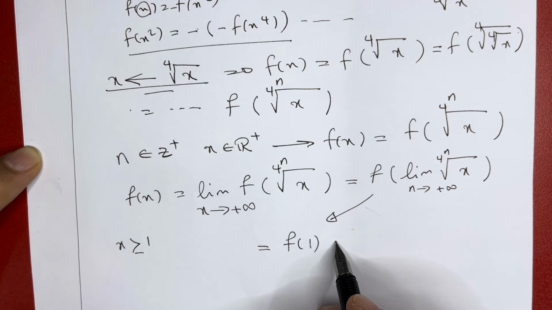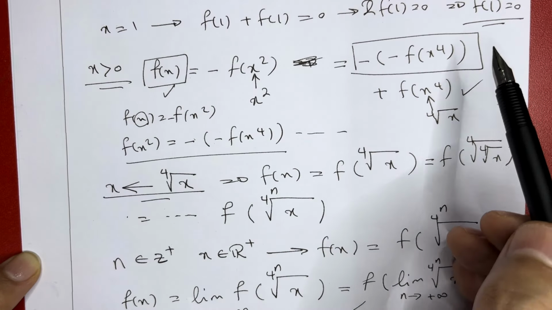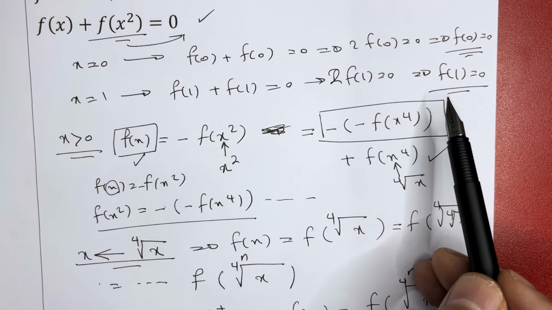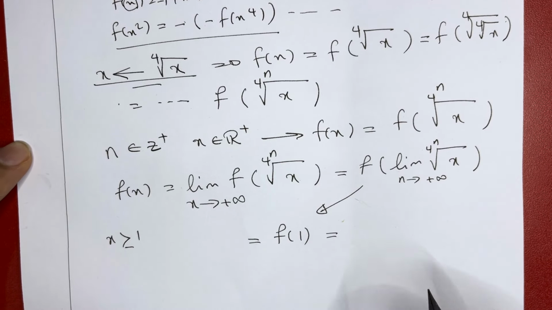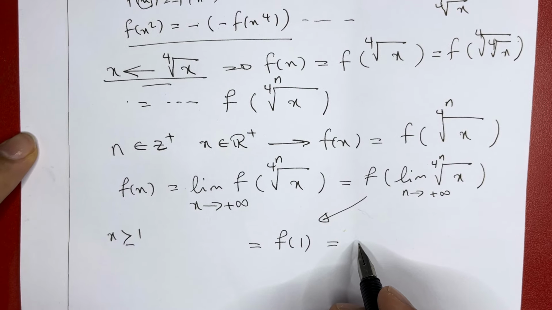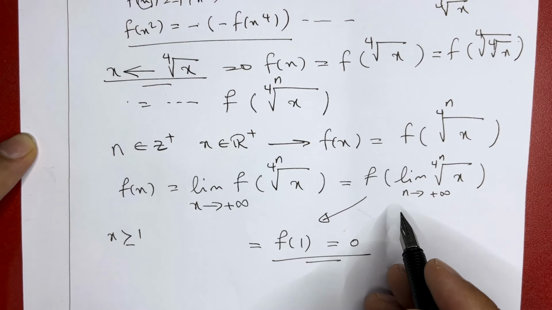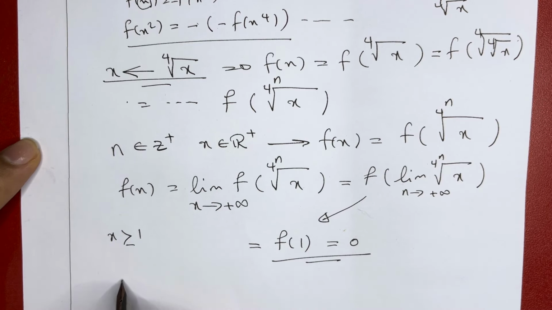We already calculated the value of f of 1 above. You can see that f of 1 and f of 0 are 0. So f of 1 is equal to 0. How about if x is between 0 and 1? What would be the result?